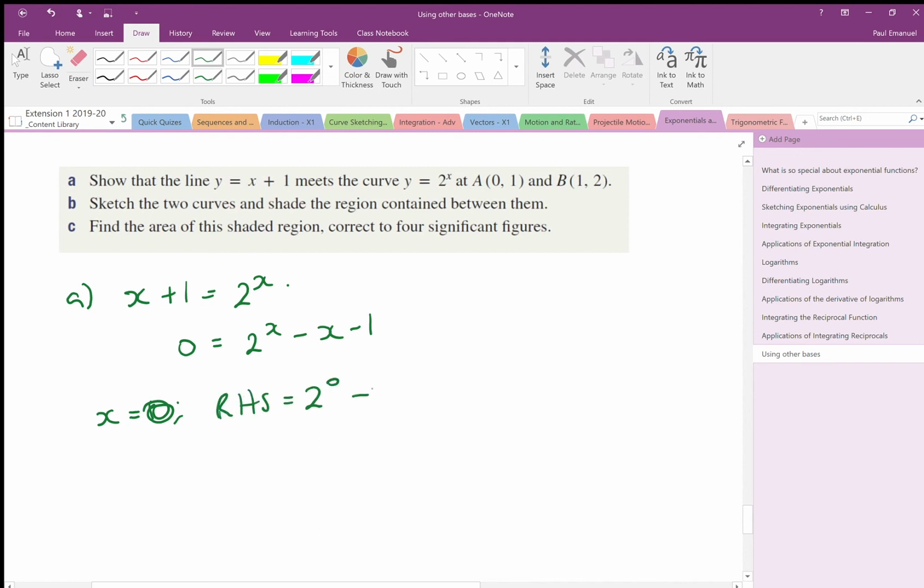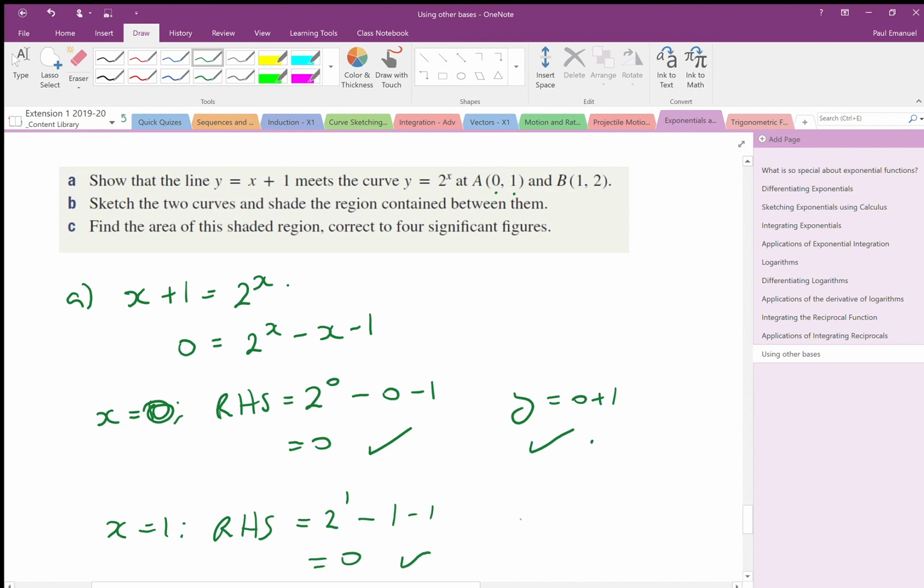When x equals 0, it's 2 to the 0 minus 0 minus 1 equals 0, tick. And we get y equals 0 plus 1, tick. So that gives me 0, 1. When x equals 1, the right hand side is 2 to the 1 minus 1 minus 1 equals 0, tick. y equals 1 plus 1 equals 2, tick. So that tells me that 1, 2 works.